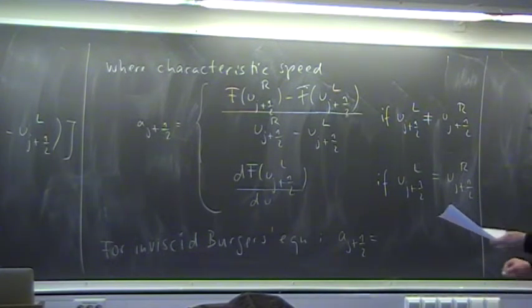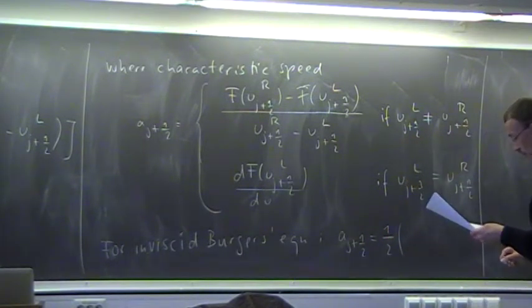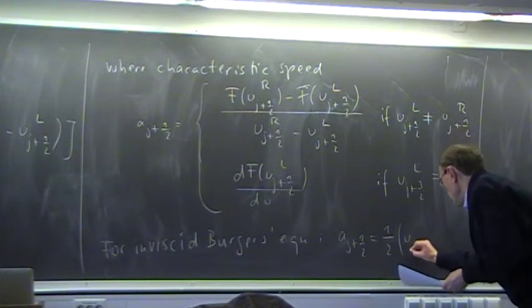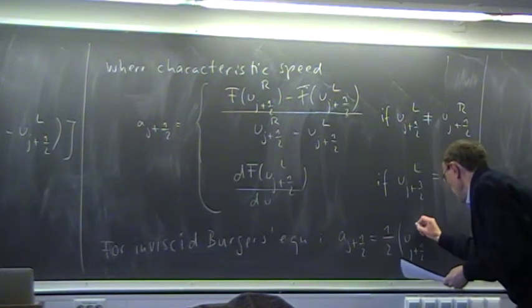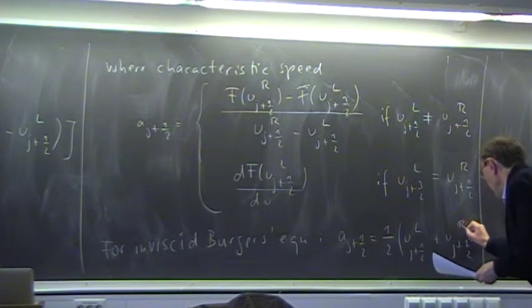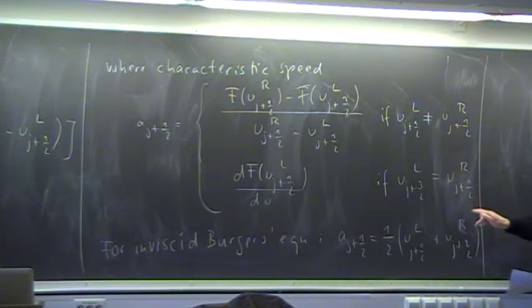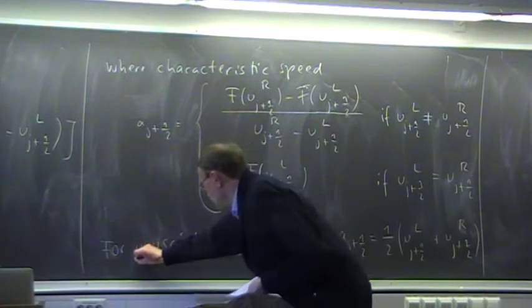What we get there is simply the average of the characteristic speeds that we have. In our case, that is then uj plus 1/2 left plus uj plus 1/2 right. So all this we can just code in this. That's all what we need. And our flux function then, that is clear for the inviscid Burgers equation.